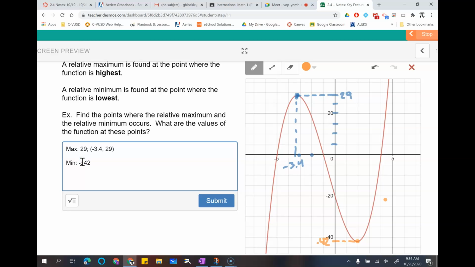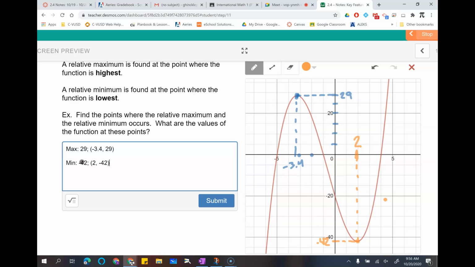And let's go ahead and say what is the point there. Let's see if we come back up, looks like I'm nice on a line. So that looks like an x value of 2. So it looks like my point is 2, comma, negative 42. All right. So our maximum value is 29. My minimum value is negative 42.